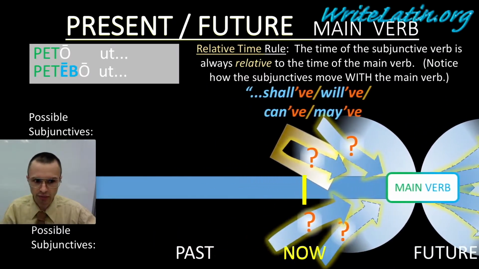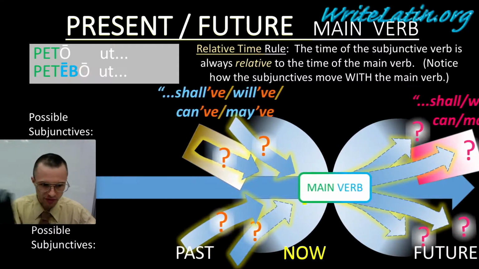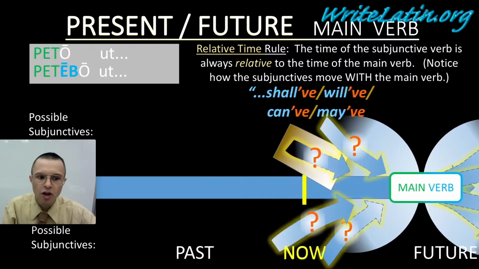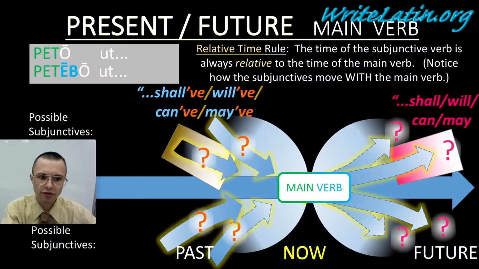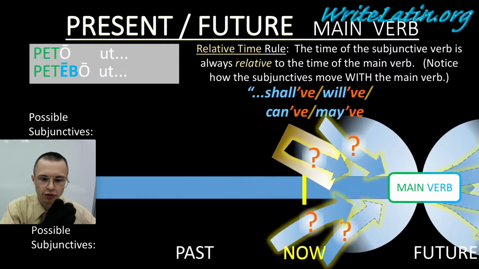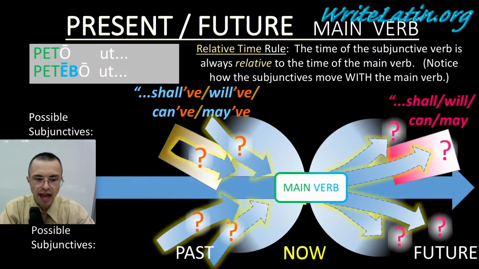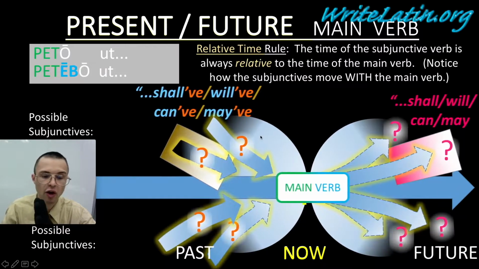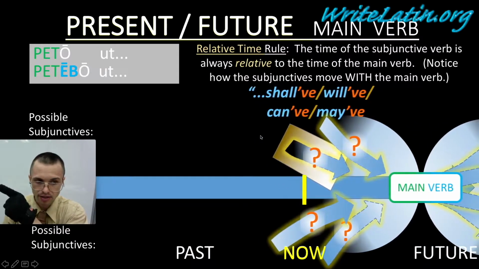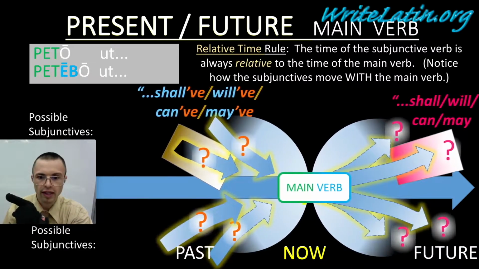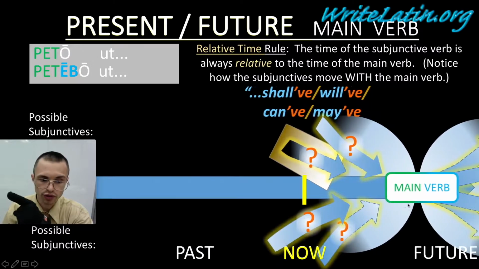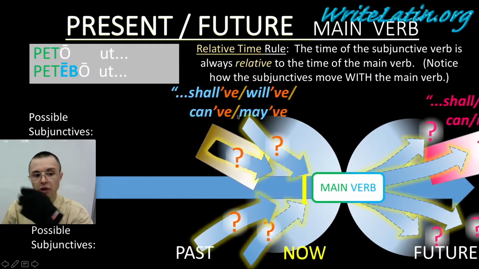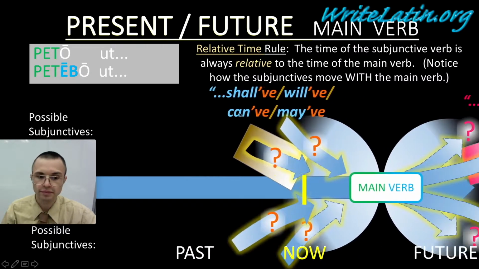So the main verb determines where in time the subjunctive verb can occur. Notice that as the main verb becomes closer and closer to the present, at times the shall have, will have, can have, may have form here extends all the way back into the past. So even though this is a present or future tense main verb, the shell of action could have gone on back then.